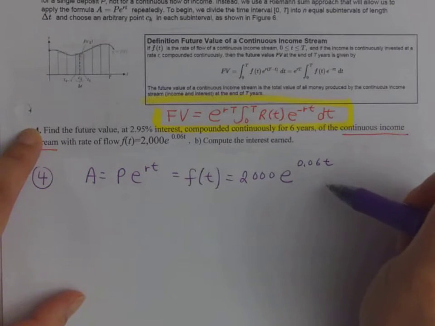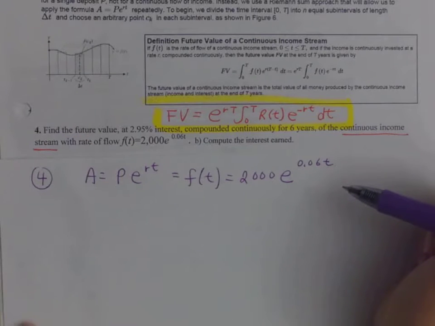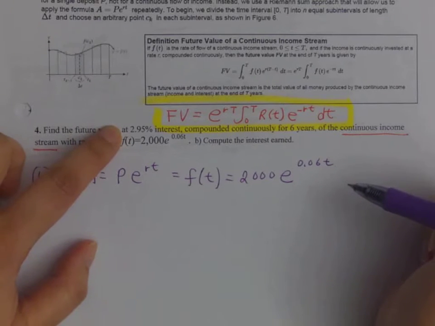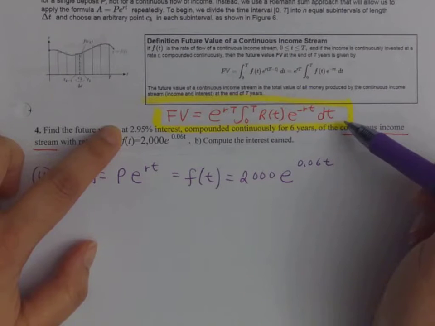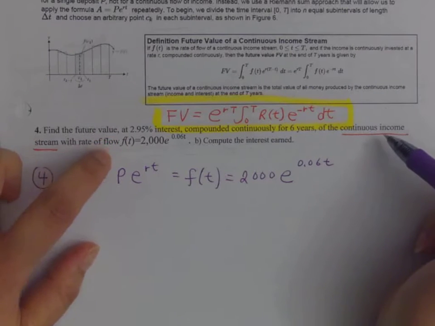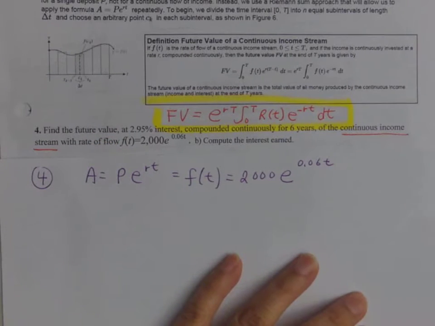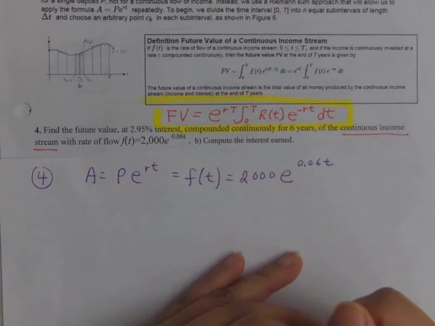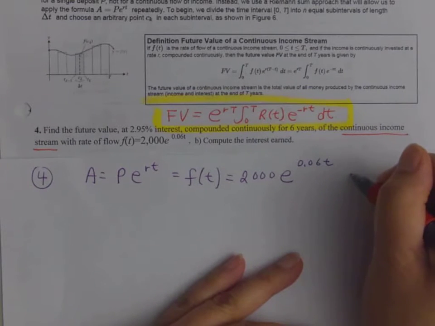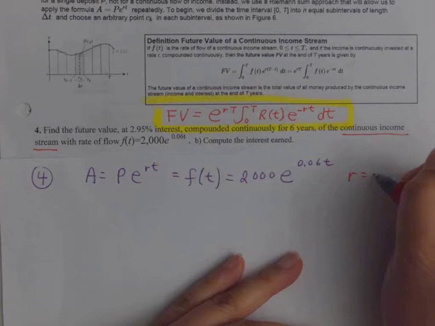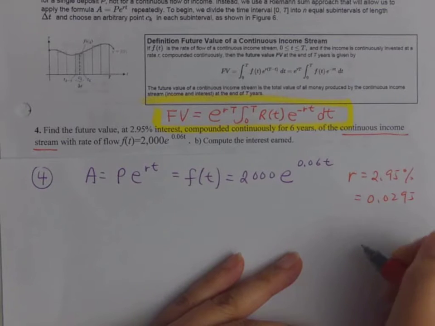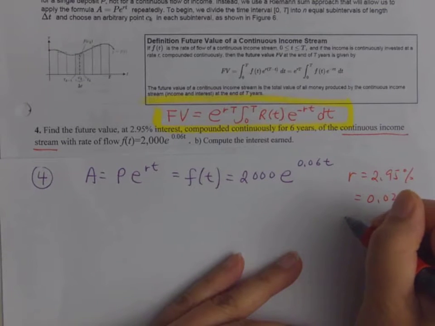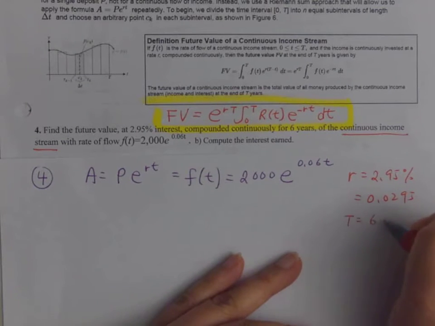This is for the function, and then they have the interest for us to plug into the continuous income stream formula. So our interest here is going to be 2.95%, which we convert to decimal 0.0295, and then the t is going to be 6 years.